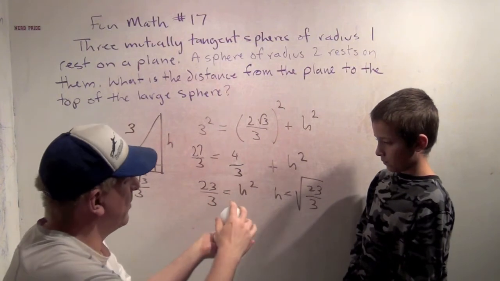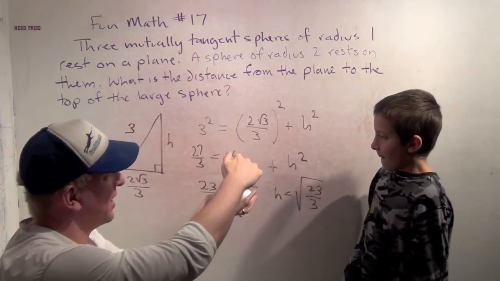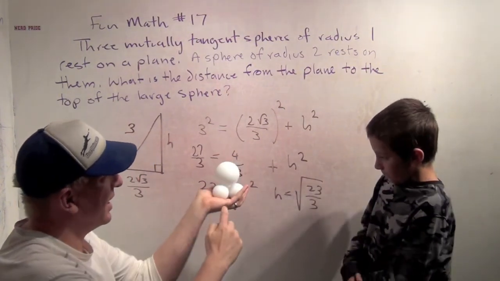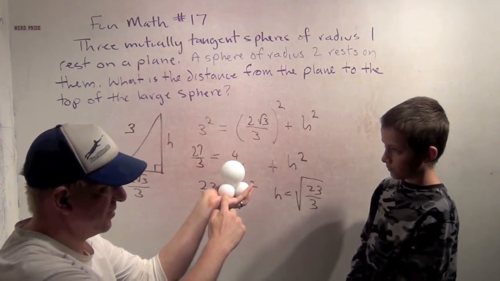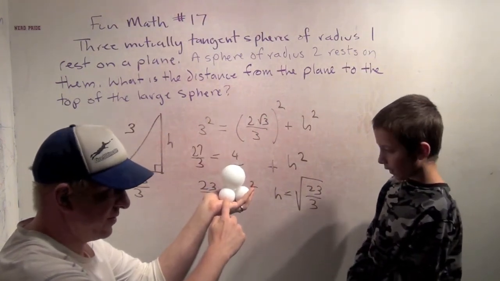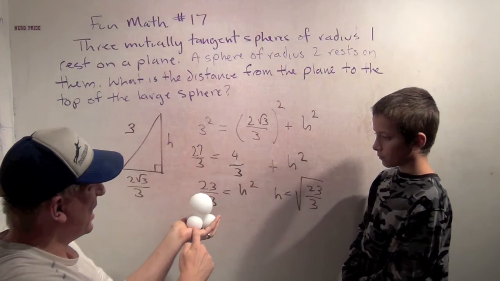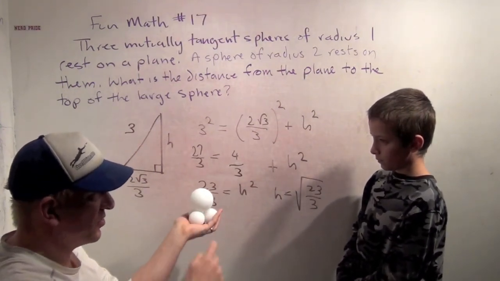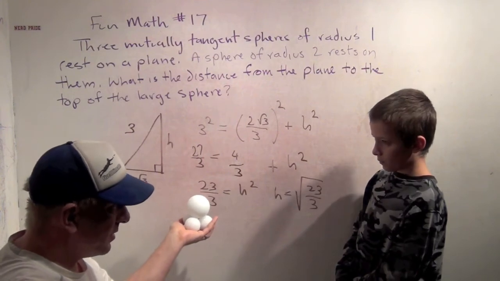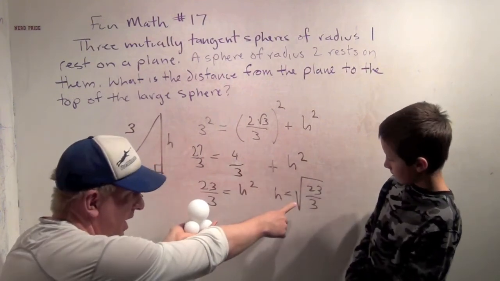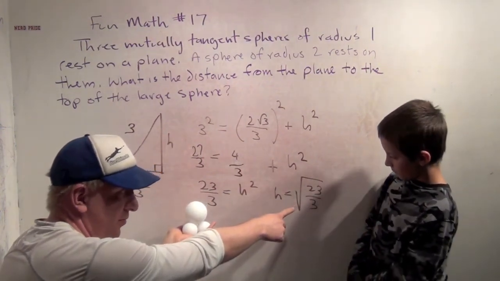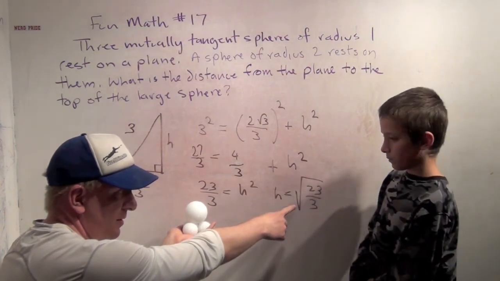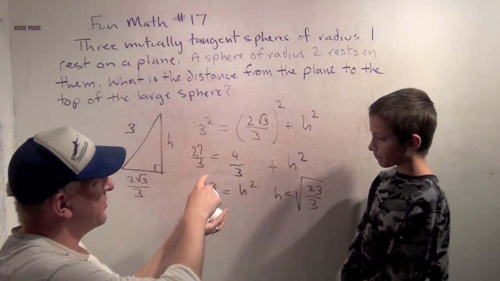So with our model, we have the height of the top sphere is the height up to the middle of the little spheres, which is 1. Remember the little spheres had radius 1. Then we have to go up from the center of these spheres to the center of this sphere, which was our pyramid. That pyramid has height the square root of 23 over 3. Then we have to go up to the top.